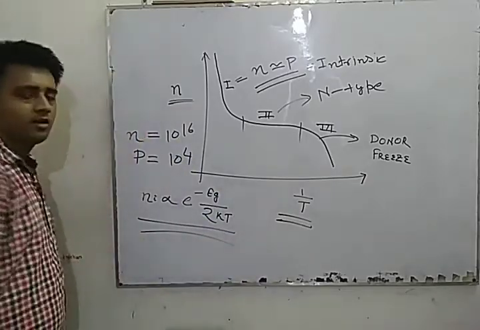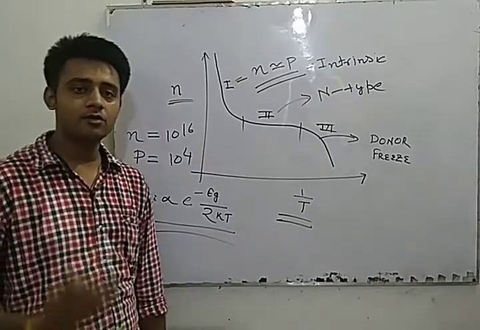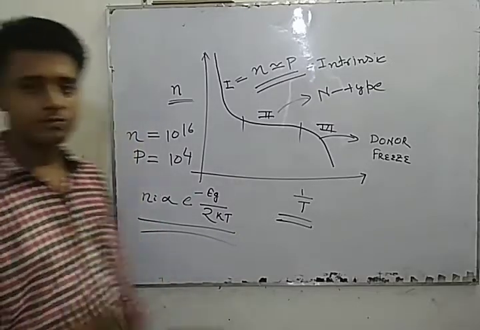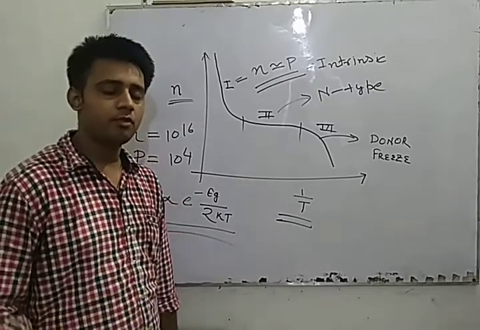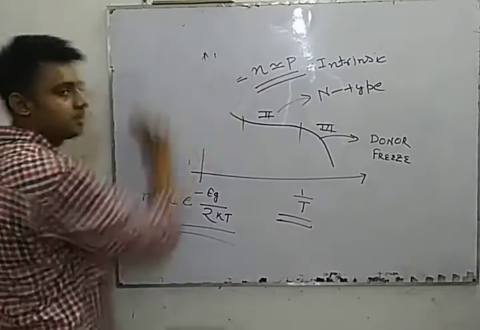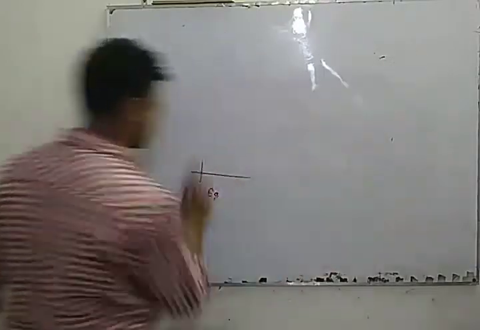Now we will study the mechanism behind the electron or current flow inside the semiconductor. So basically there are two types of processes that are mainly responsible for the flow of electrons inside the semiconductor. That is drift, and another one is diffusion.